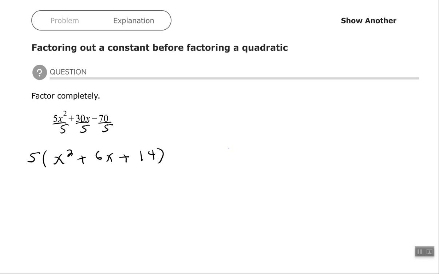Right, out to the side, AC method, or starting off here, factoring this trinomial. 1 times 14 is 14. Pair of numbers that multiplies to be 14 that also gives us a sum of 6.